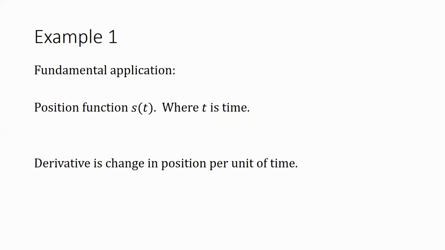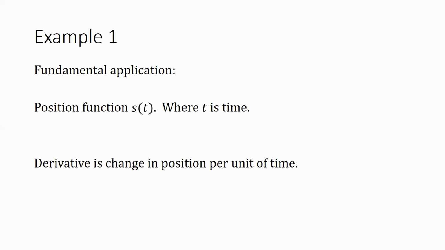Let's think about how that could be used in an application setting. Let's look at example 1. One of the fundamental applications of derivative is by letting our original function be a position function. And we're going to let this original function be a position function where our variable is time.